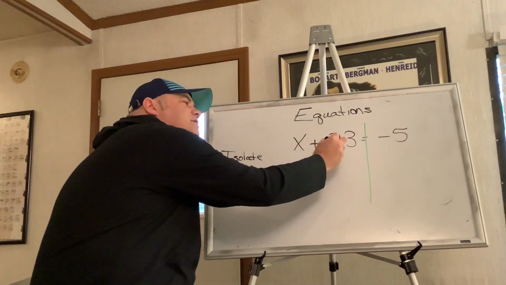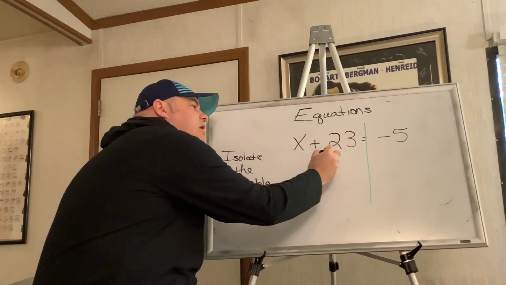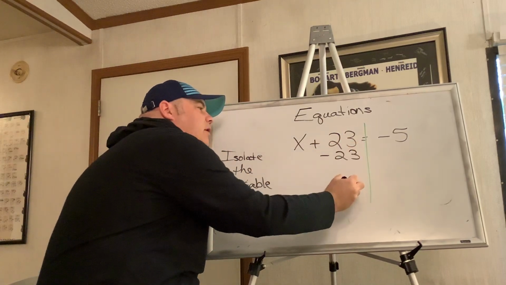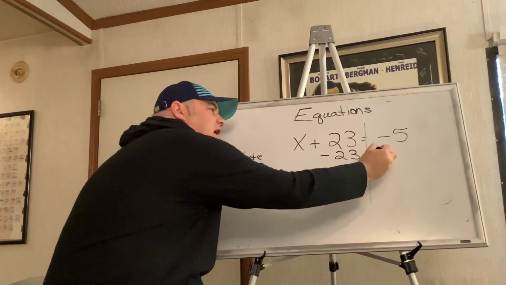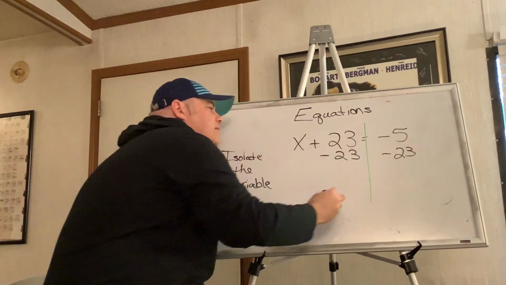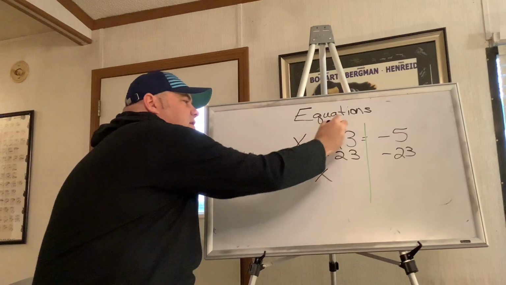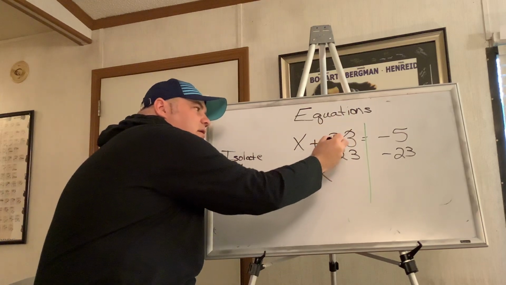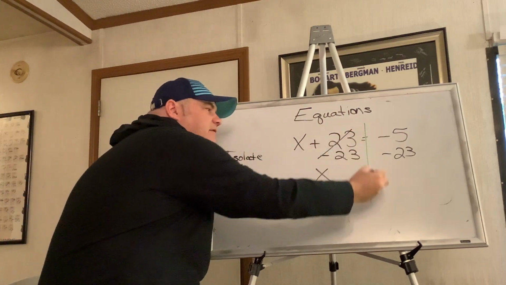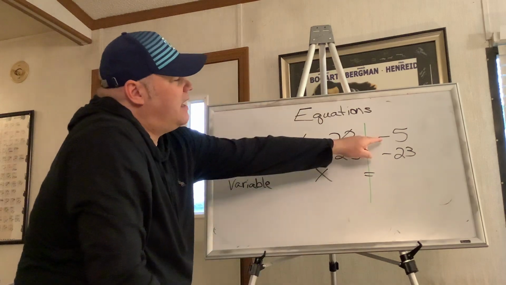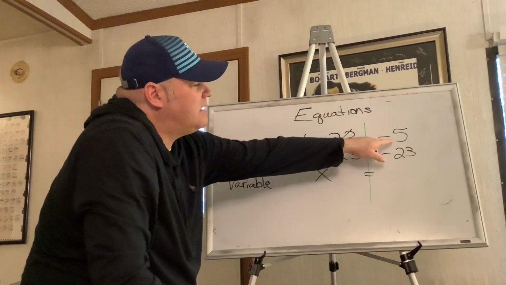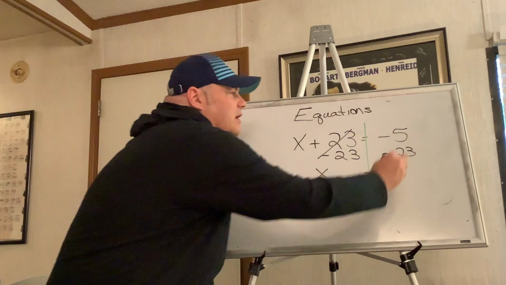But I want to get rid of this 23. It's positive. So I'm going to subtract to make it 0. And if I do that to this side, I have to do that to this side. Now what happens is this disappears. Okay, it became 0. I still have my fence. And now I have -5. If you need to see it side by side, it's -5 minus 23.